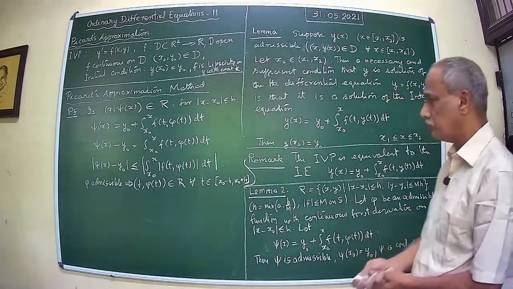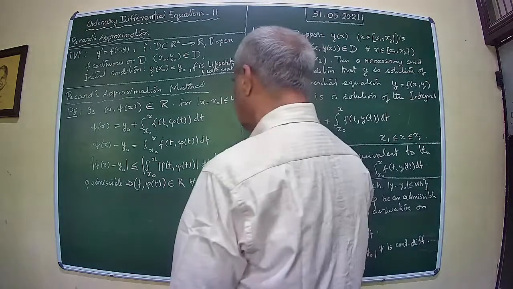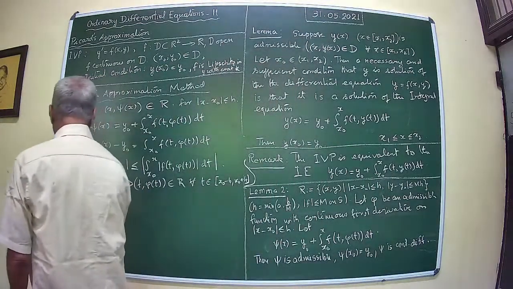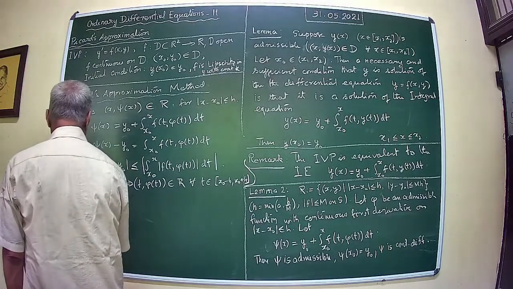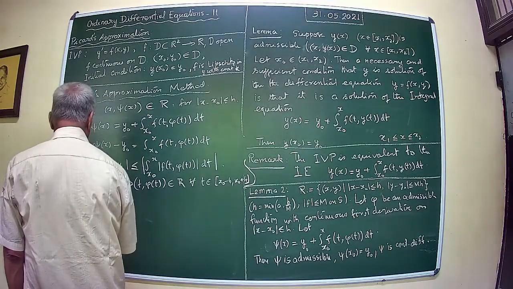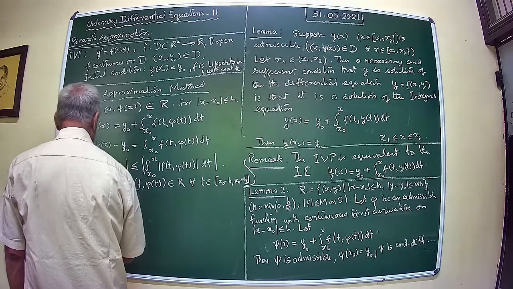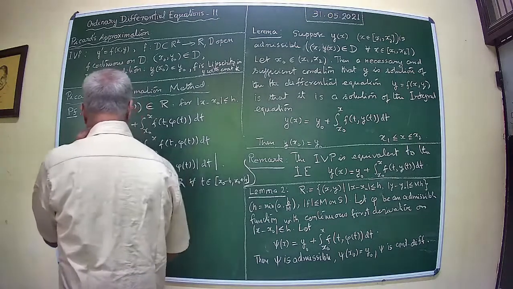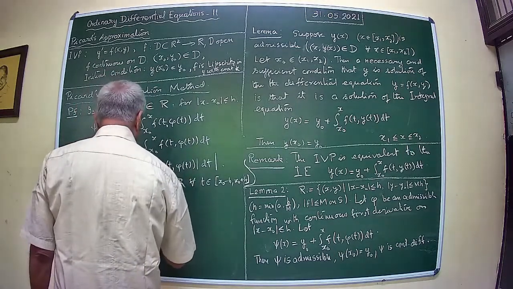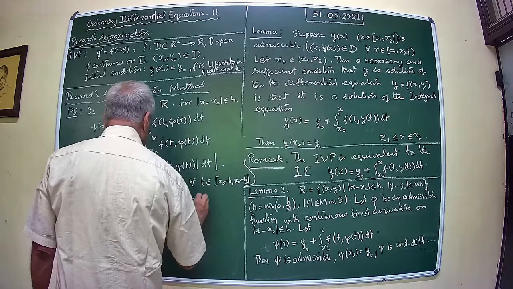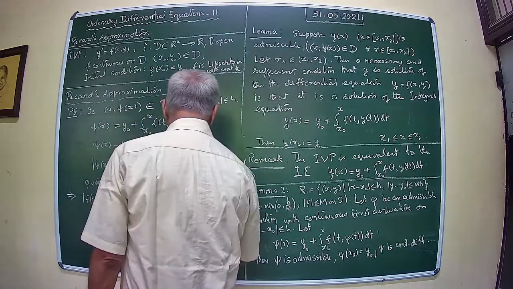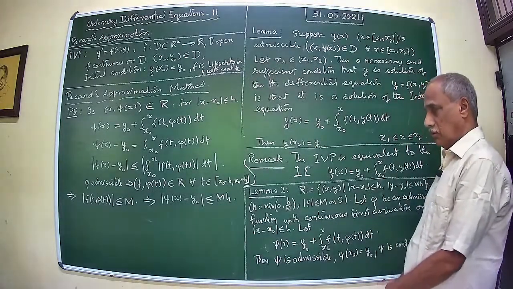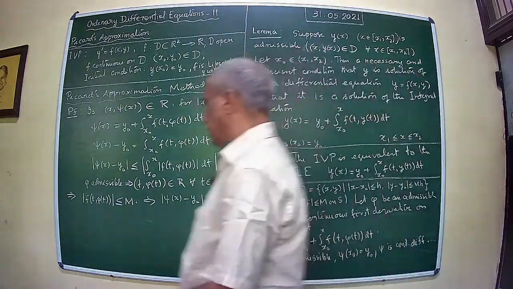Okay. Therefore, you see that this is less than or equal to m. So which implies, so whenever mod x minus.